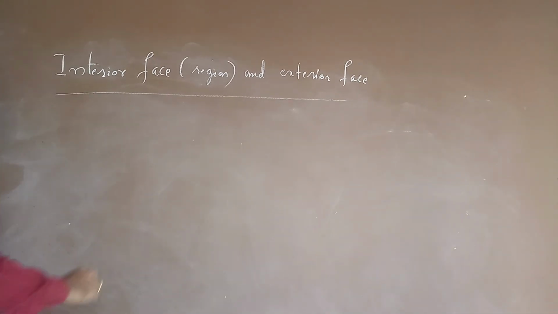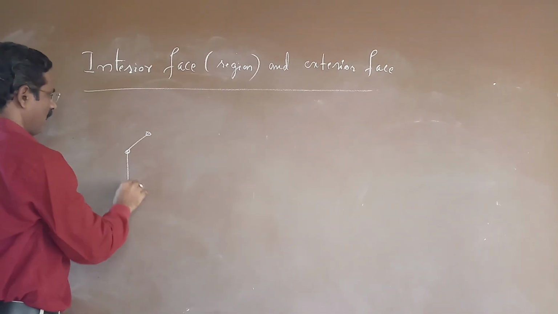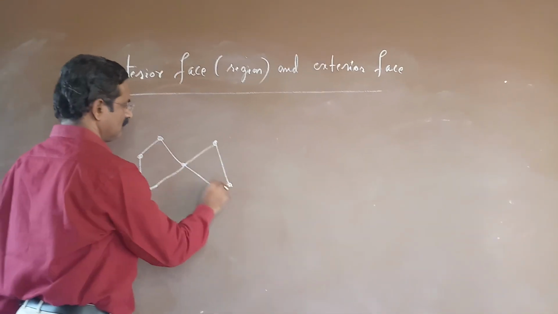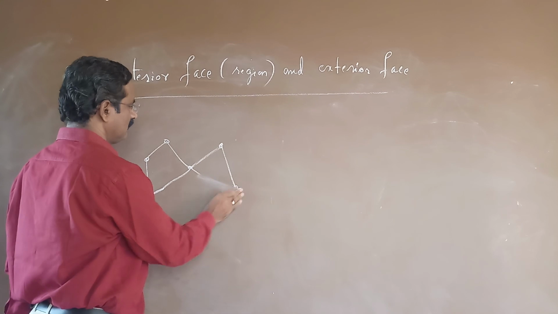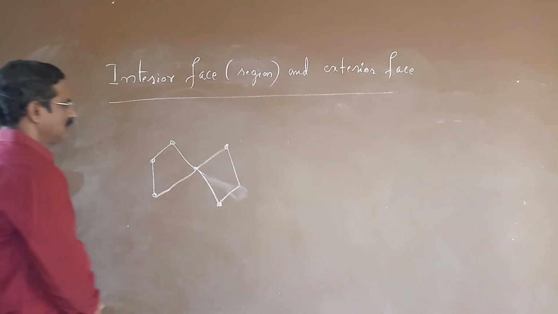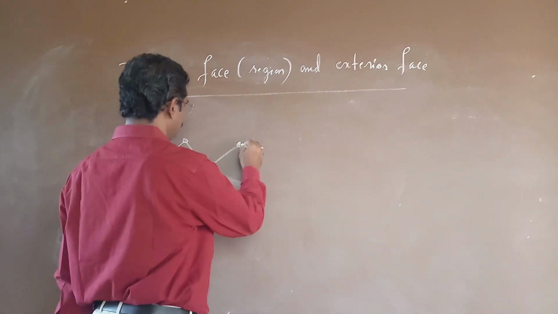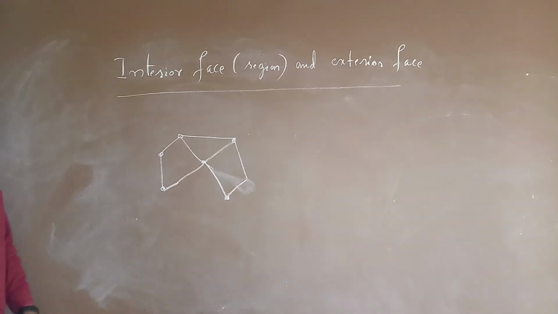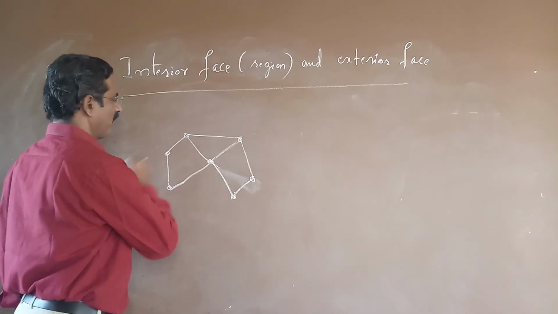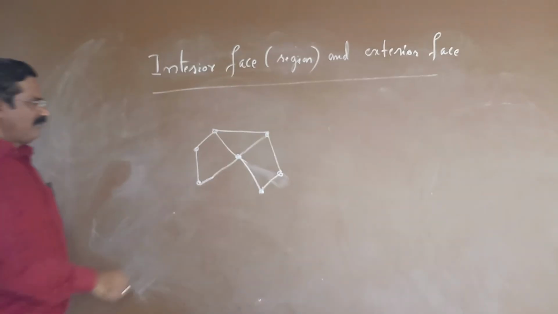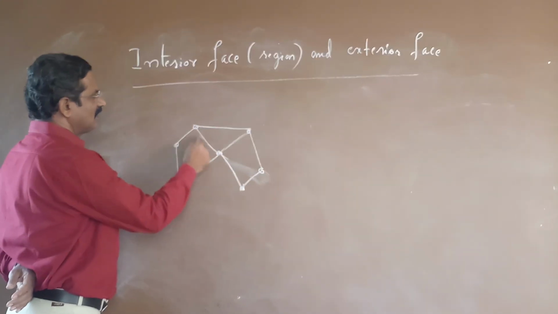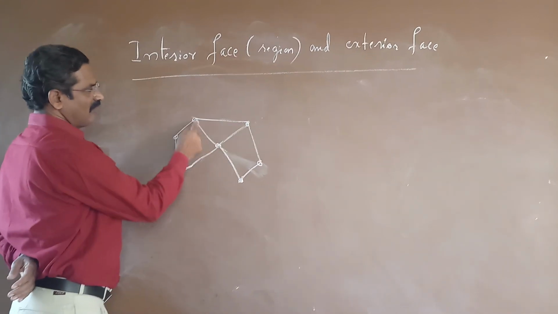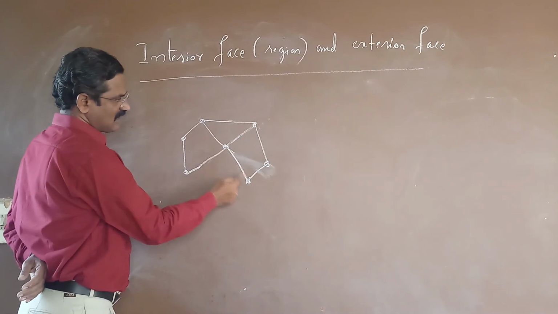I shall consider one example. Okay, this is one graph. Now, this is a bounded region. This is another bounded region. This one is another bounded region.